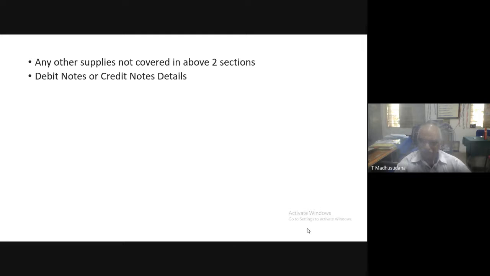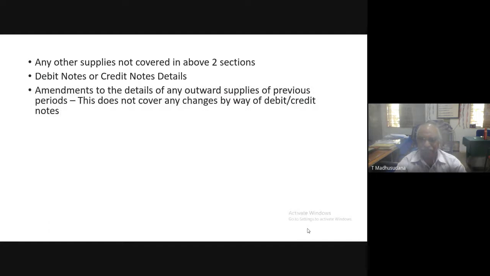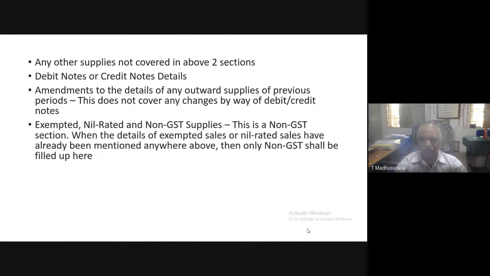And suppose you return goods to the seller, then you will prepare credit notes. So if you have received any returns, or if you have submitted any returns, debit note, credit note details are to be submitted. Then amendments to the details of any outward supplies of previous period. If there are any changes to the details submitted in the outward supplies of a previous period, these changes may be mentioned.